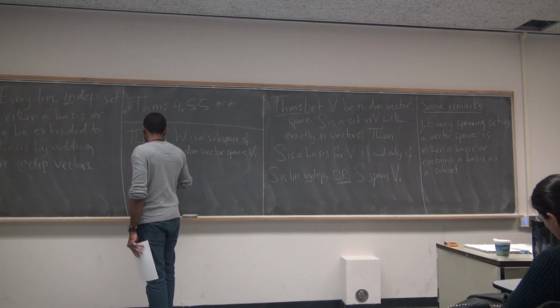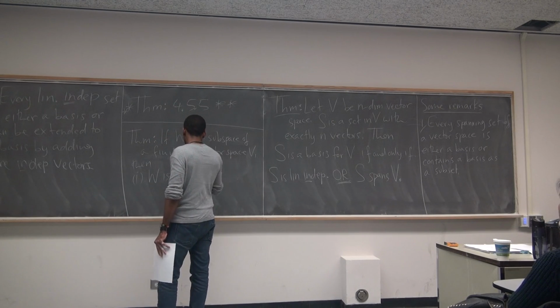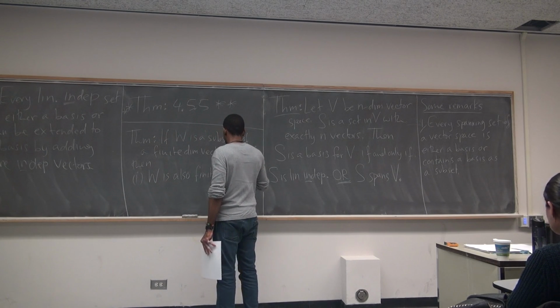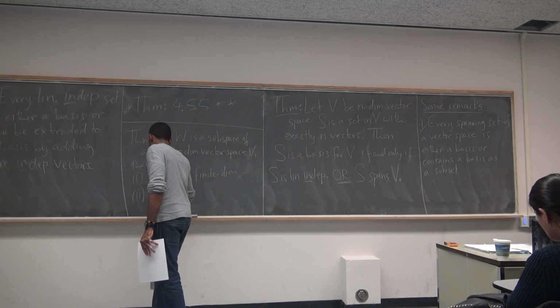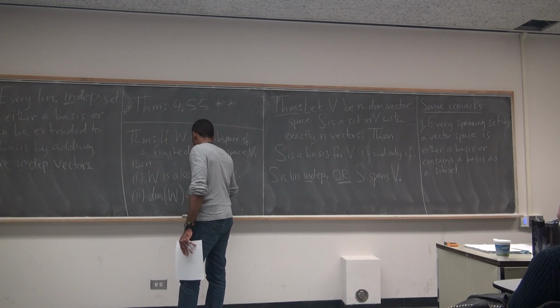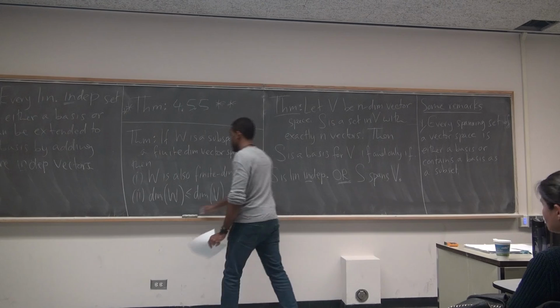Then W must also be finite dimensional. We also know that the dimension of W must be less than or equal to the dimension of the parent set.